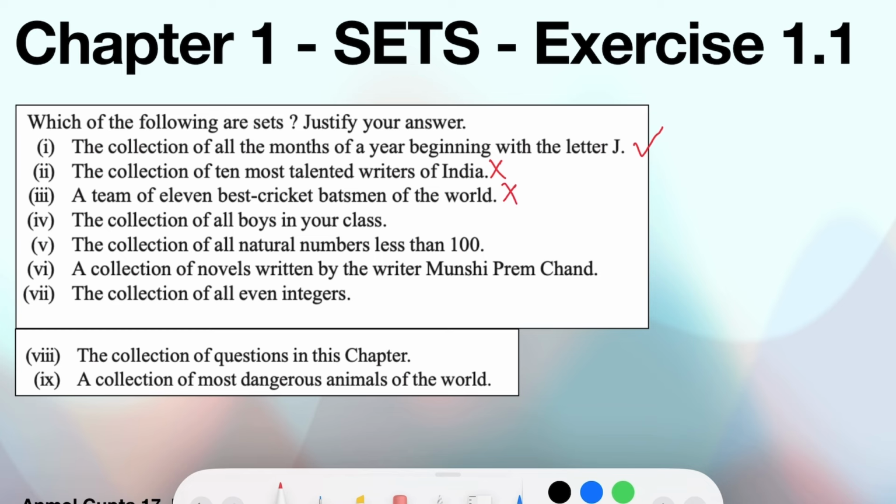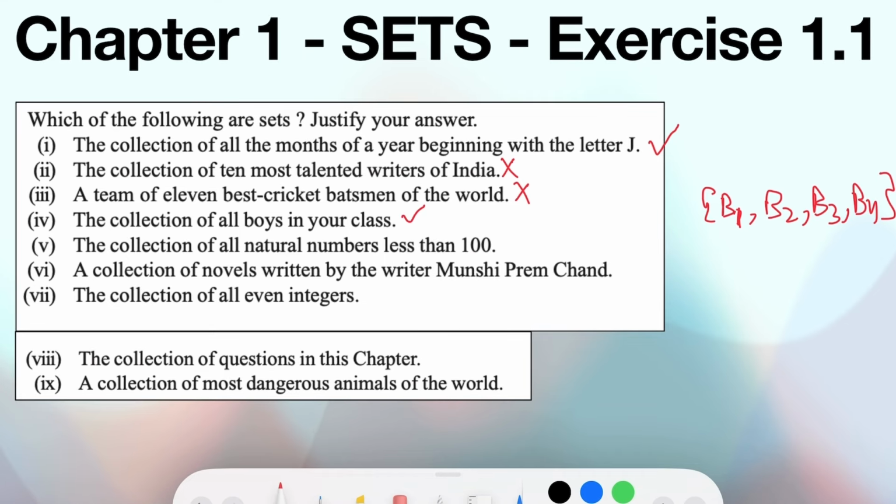The collection of all boys in your class. So a class, for example, class 11C must have all the boys, like we can say in the roster form, B1, B2, B3 and B4. So it is a well-defined collection of objects, or we can say it is a well-defined collection of elements, so that it can be considered as a set.